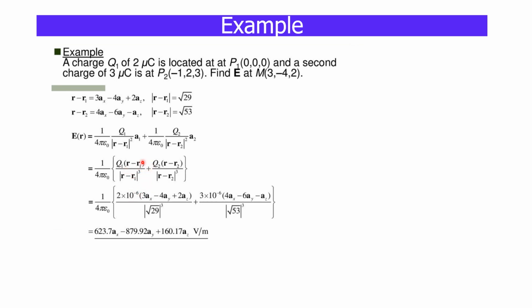If we substitute all the values which we have calculated here, and then substitute the value of epsilon naught, 8.854 into 10 power minus 12, then we are able to find the total electric field intensity as this, whose unit is volt per meter. So by this we have understood how to calculate electric field intensity by using the superposition principle where more than one charge is acting in the field.